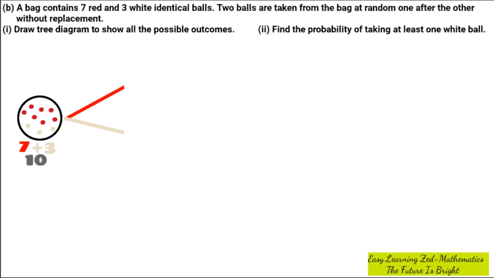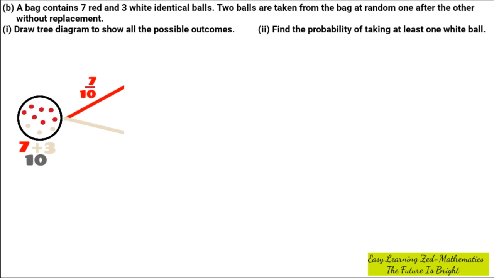So the balls in the bag will be 10. Now the question is, what is the probability of picking a red ball? Since there are 7 red balls, I'm going to write 7 over the total balls in the bag, which are 10, so 7 over 10. Then I'm going to come down here for white balls and write the probability of white balls.